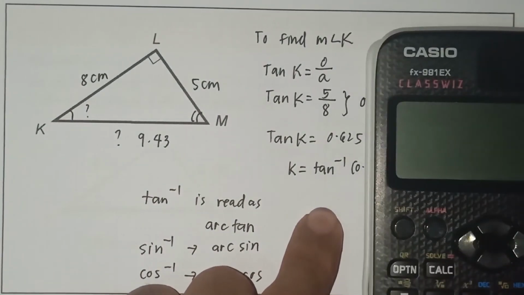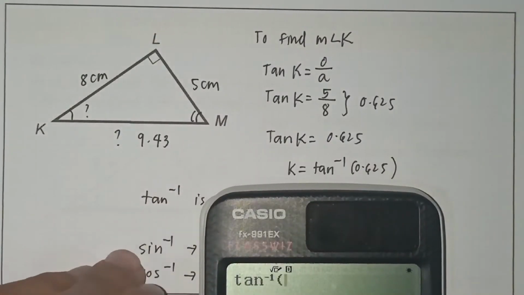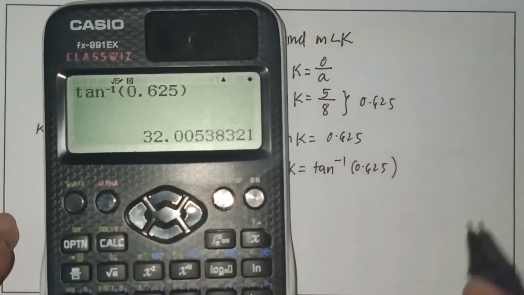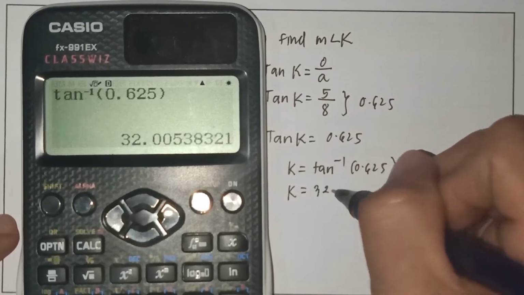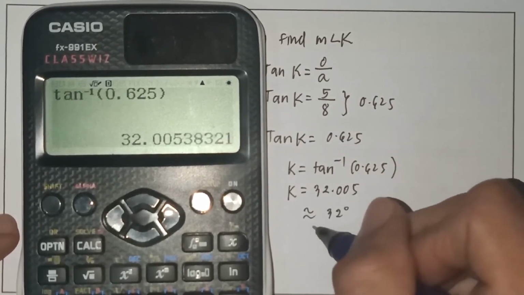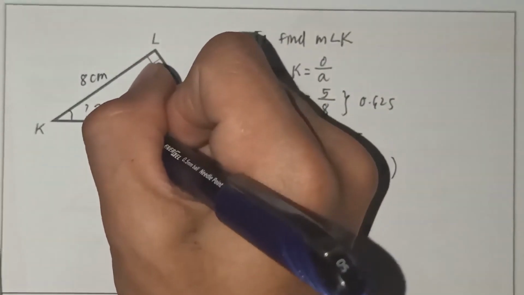As we use our calculator, shift tan, and that is 0.625. The result is K is equal to 32.005, or that is 32 degrees. This now is 32 degrees.